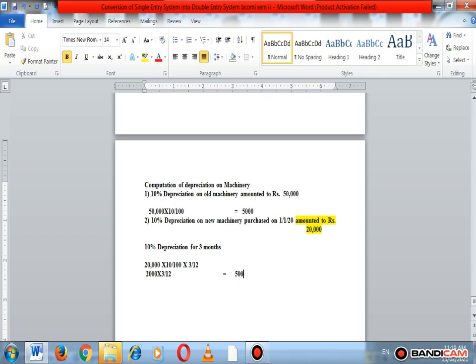500. So the total depreciation on machinery is equal to 5,000 plus 500 is equal to 5,500.